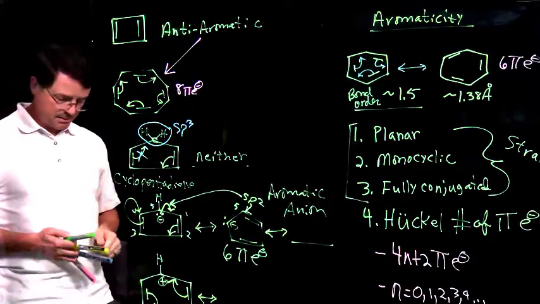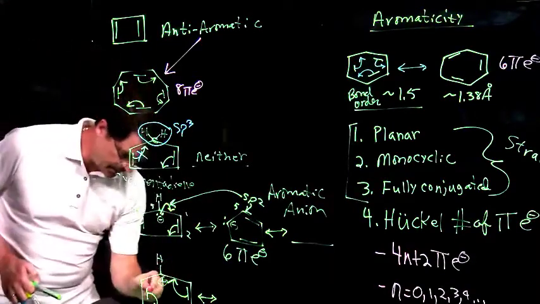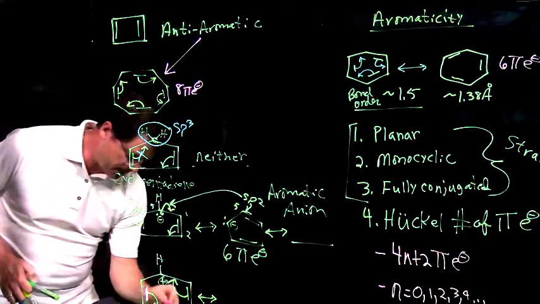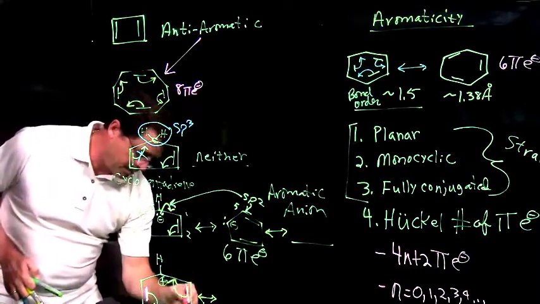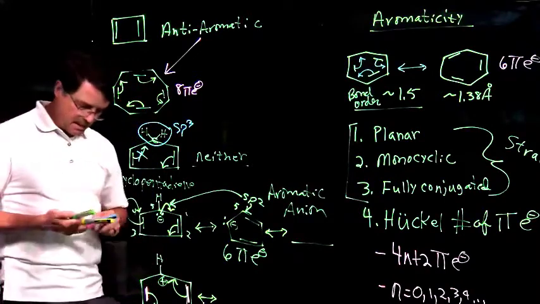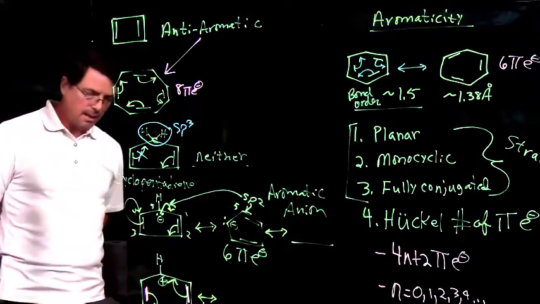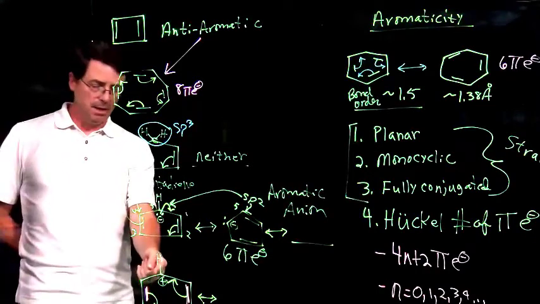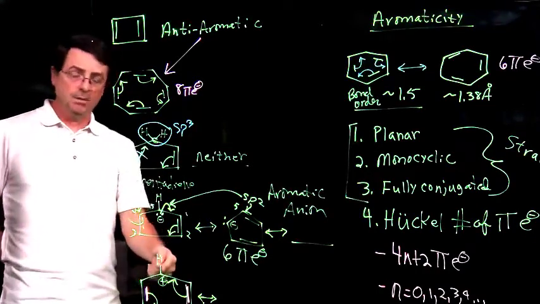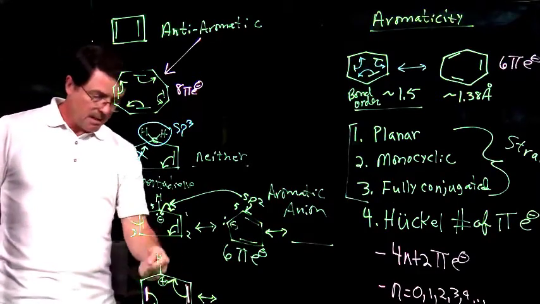Now how many pi electrons? Let me go back with a different color here to emphasize. Here's one pi bond, the other pi bond, a third pi bond, and then this is a carbocation. How many electrons does the carbocation have in its p orbital? Remember, carbocation is sp2 hybridized. It has a vacant p orbital, so it doesn't contribute any pi electrons.